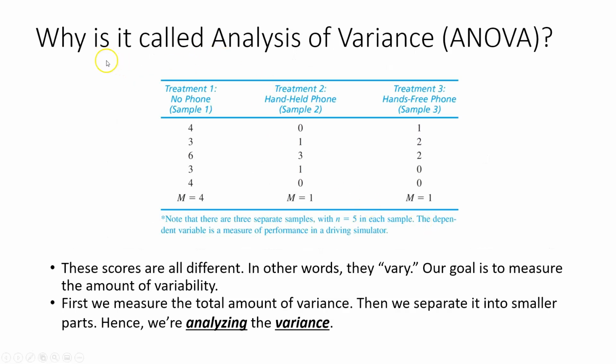Now, I've hinted at this a couple of times, but we might answer the question, why is it called analysis of variance? Notice that these scores are all different. Here we have a first treatment with people who don't use a phone, a second treatment with a handheld phone, and a third treatment with a hands-free phone while driving a car.